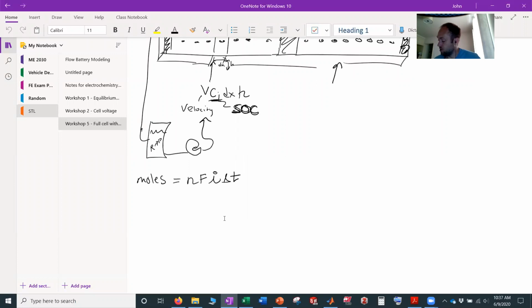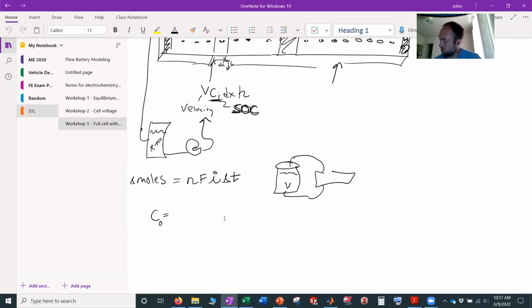And so this is your change in moles. If we have some overall concentration of species in your whole tank, so you have your cell, and then your cell comes out to some big tank, right? This big tank has some volume.